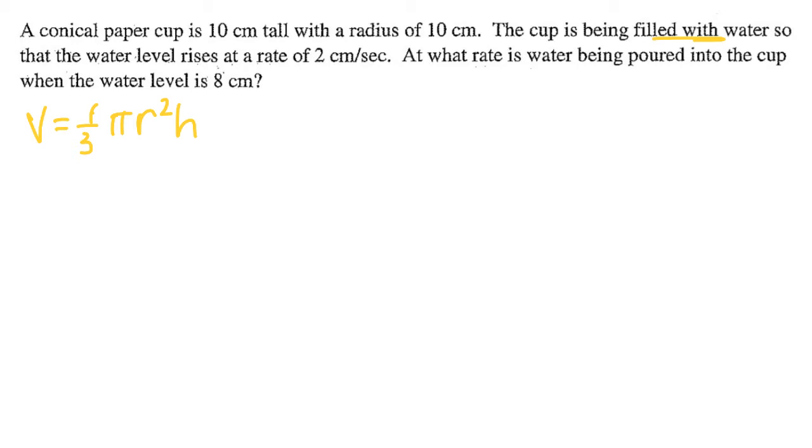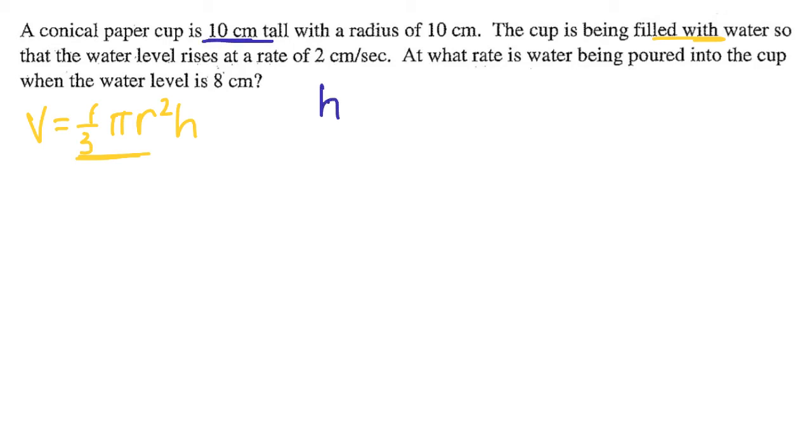Now, this is one of those exceptions to just going through and finding the derivative of everything, because this one is going to require you to do the product rule. And we really want to stay away from that if we can. So as we read on in the problem, we're going to look for a relationship between the radius and the height, so hopefully we can replace one with the other. It's already given something about the height here. It tells us the paper cup is 10 centimeters tall.